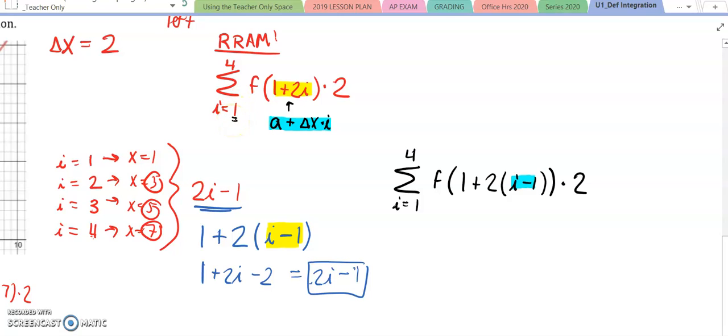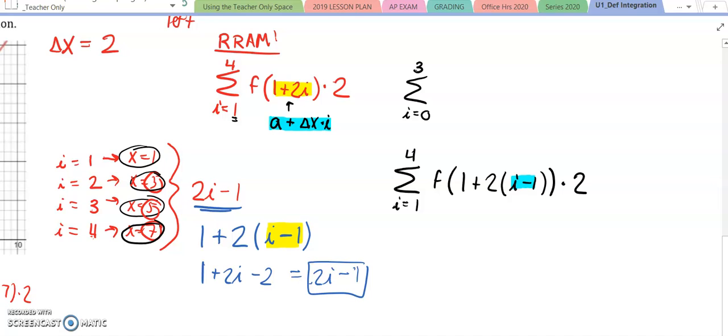If I started it at 0 and plugged 0 in, I would get f of 1. If I plugged i equals 1 in, I would get the 3 that I'm looking for. If I plugged in 2, I would get the 5, and if I plugged in 3, I would still get the 7. So another way we could write this is to start the index at 0 instead and go up to 3.